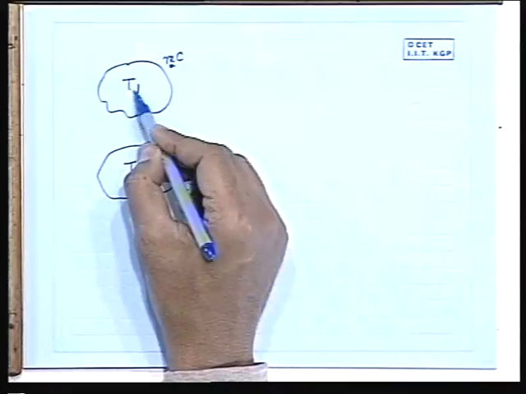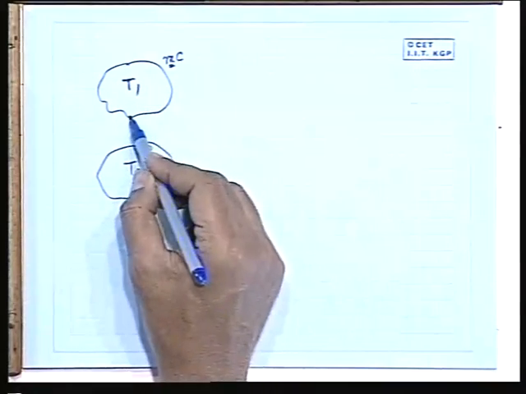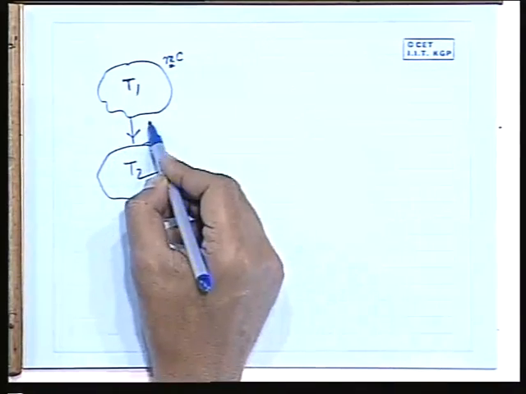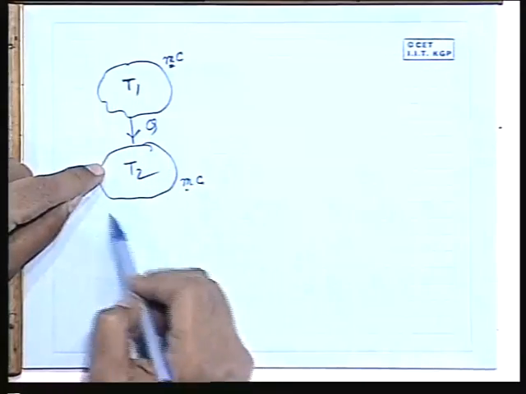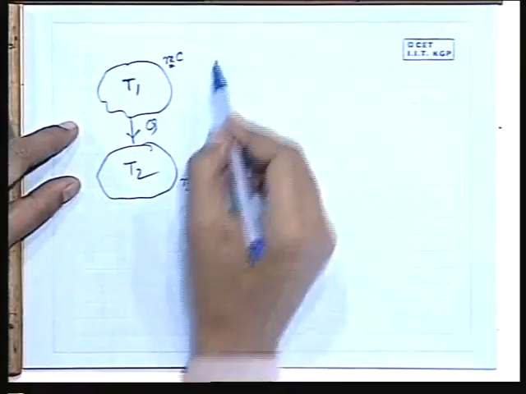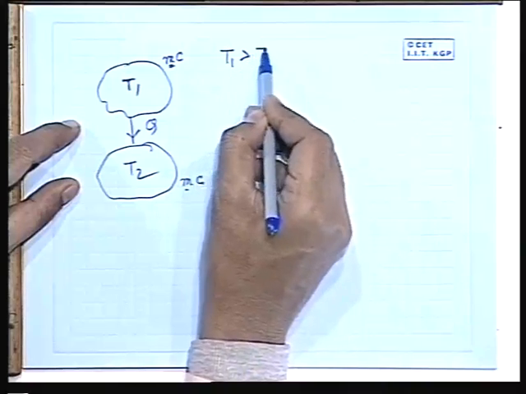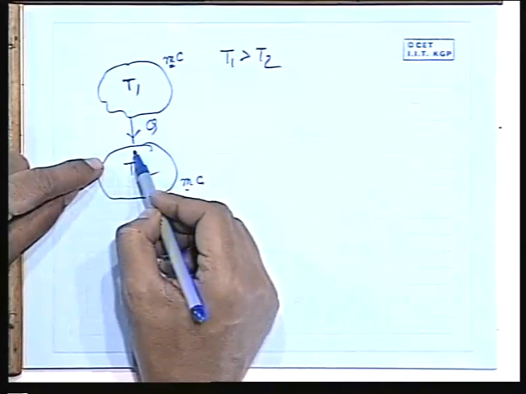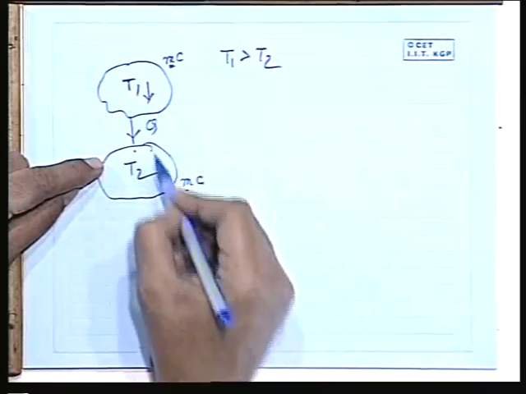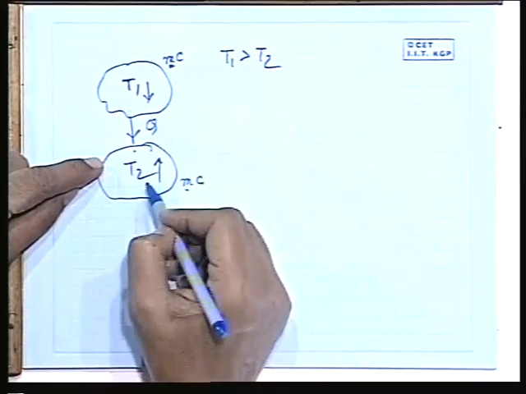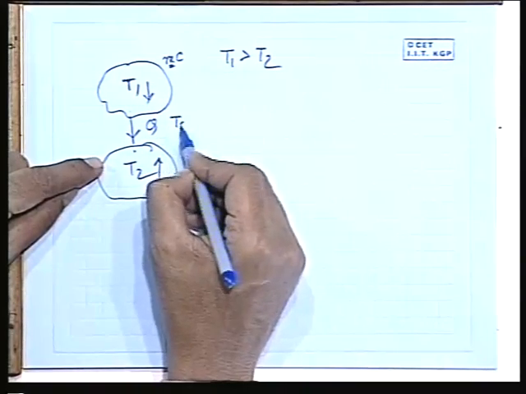Now if these two finite systems are connected, heat will flow. Since these are systems with finite capacities, if we start with T1 greater than T2, then only heat will flow in this direction. When it happens, this temperature will decrease and the other temperature will increase, and ultimately they will come to a common temperature Tf.